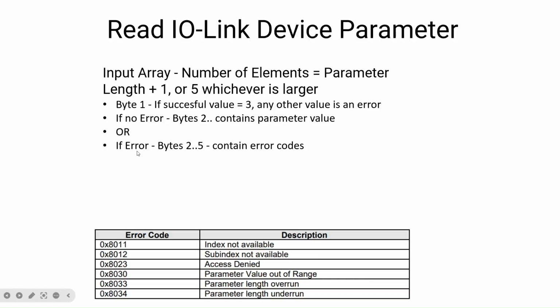If there is an error, bytes 2 through 5 will contain the error code, and these error codes can be found in the individual IO-Link device's manual. So the input array for us will be 5, because our parameter length of 3 plus 1 is 4, and it's 4 or 5, whichever is larger, so we'll go with 5.